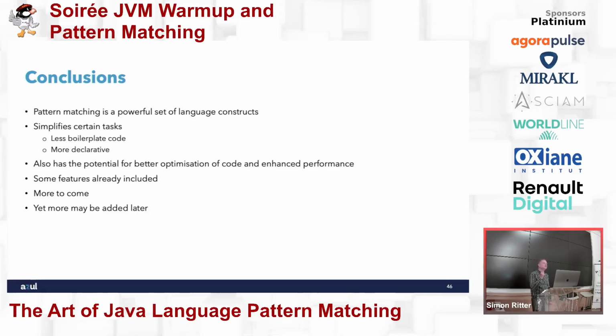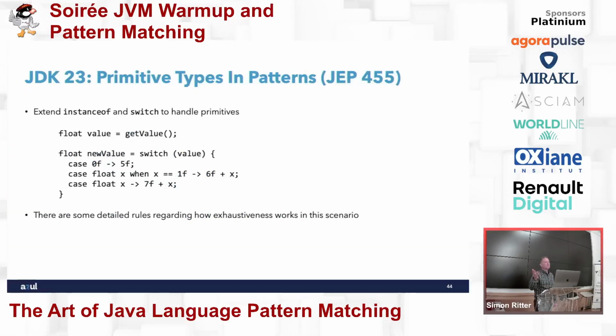And there are actually some interesting things because they're talking about potential for more optimization of code. So it's not just syntactic sugar to avoid having the boilerplate code. There are actually opportunities to do more performance and optimization of these things. I would expect to see more of these features delivered. So we're getting primitive types in patterns next week in JDK 23.